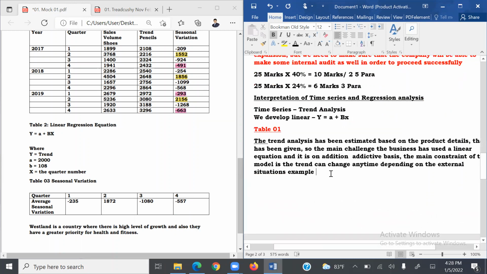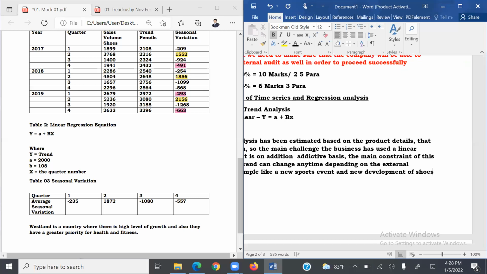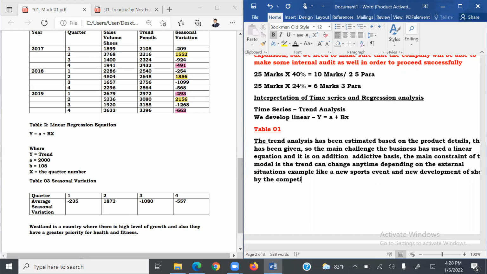External situation, example like a new sports event, a new development of shoes by the competitors. Students, there can be a situation of new development of shoes by the competitors as well. Students, are you getting this understanding there, students?